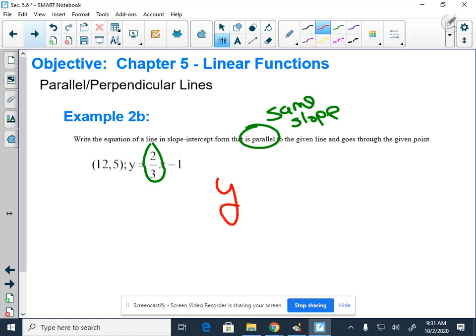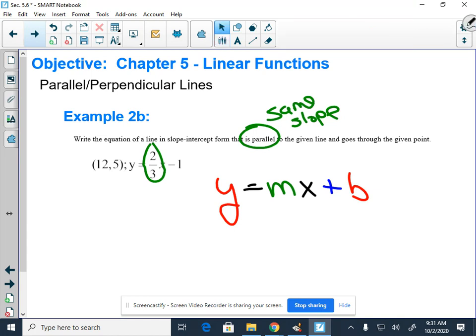y equals m times x plus b. Okay, we're going to put some different things in. You can write this or you can substitute it as you go. We already know m. m is 2/3.